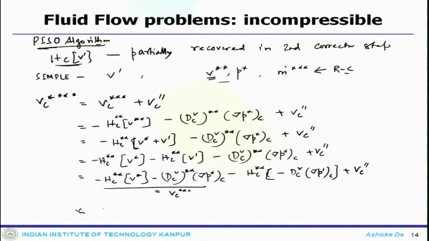So, this will become Vc triple star plus Vc double prime minus Hc double star Dc V delta P prime C. This term represents the portion of the Hc V prime which was neglected, and it is in this algorithm partially recovered.